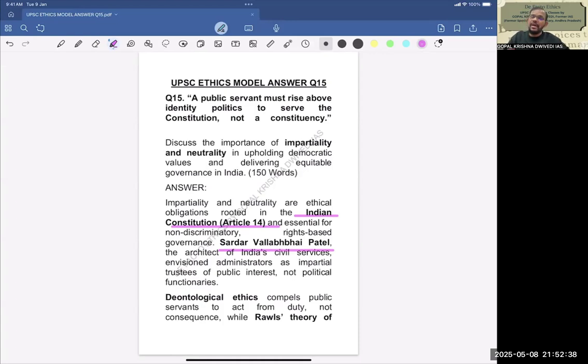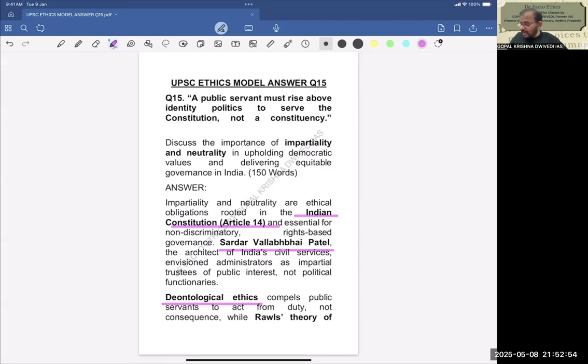Now we'll quote some ethical theories. Deontological ethics, from Immanuel Kant, compels public servants to act from duty and not consequence.